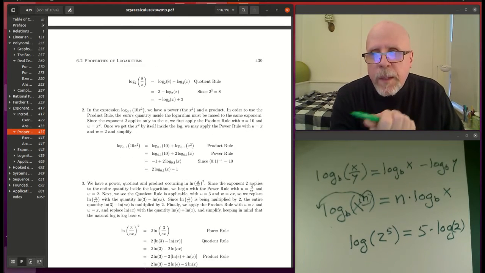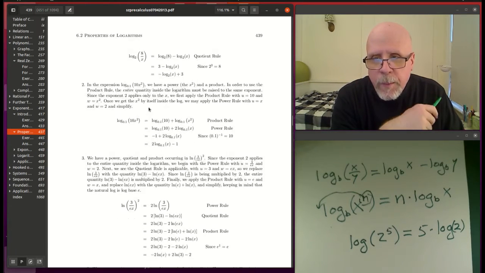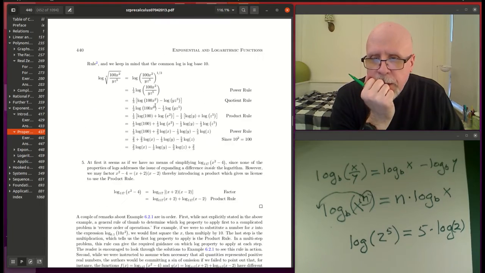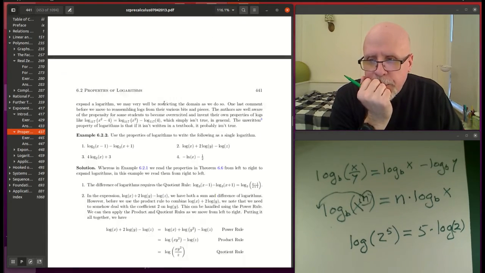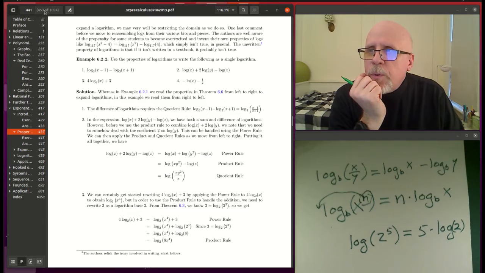Okay, finally, in this section, let me just recommend that you go through using these rules through some of these examples. I'm not going to, okay, maybe I should do one. See this example, 6.2.2.